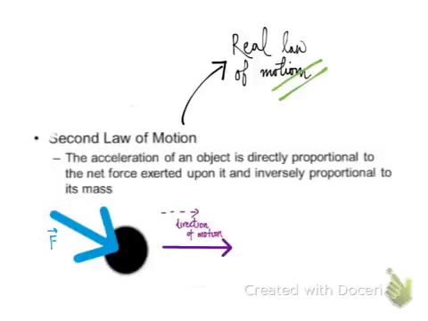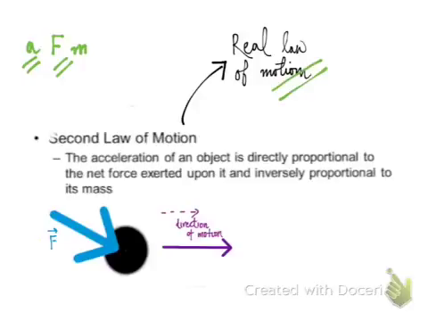Let's denote acceleration as a, force as F, and the mass of the body as m. Let's talk about this body here. Now we know that these two things here are vector quantities, but first of all let us deal with only the magnitude, the scalar quantities.